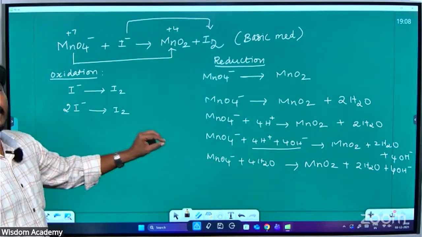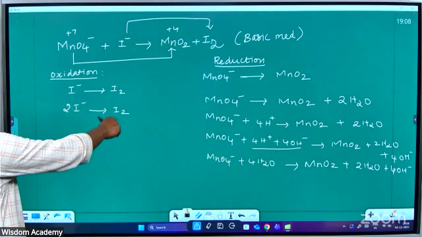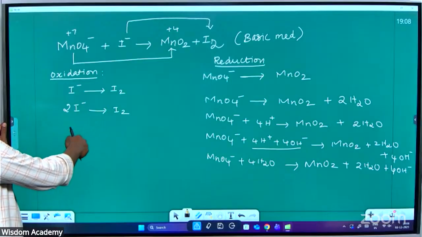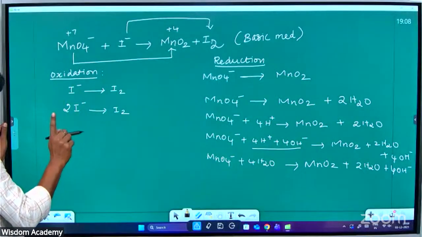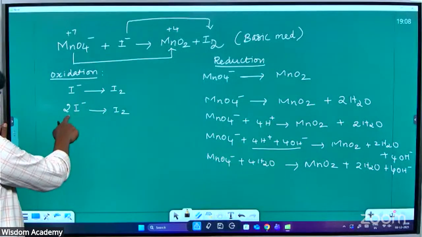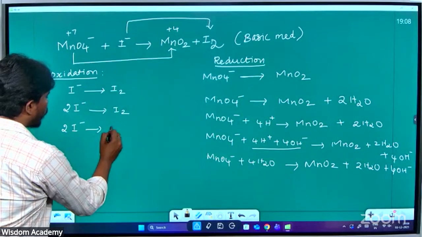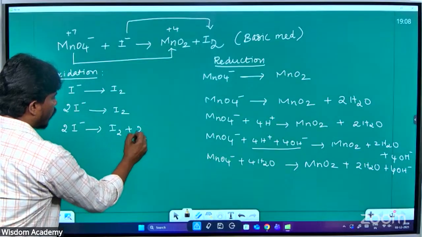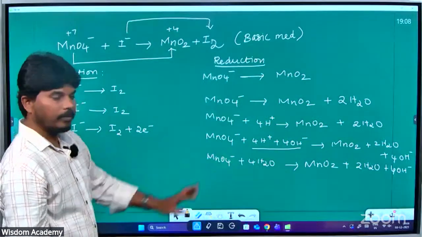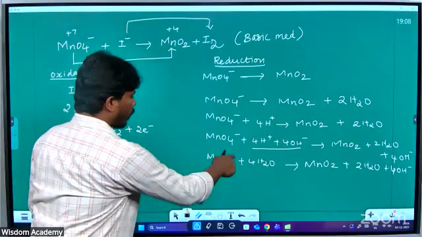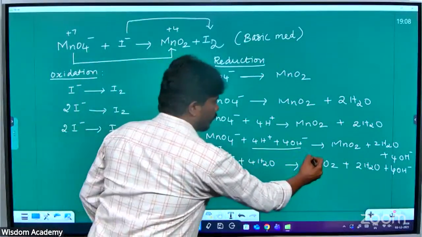Next step is to indicate the electrons involved. Number of electrons in oxidation: I minus changed into I2 is 1 electron, but 2 iodide ions are involved, so 2I minus gives I2 plus 2 electrons. On the right side, the oxidation number of Mn in MnO4 minus is plus 7, here plus 4.